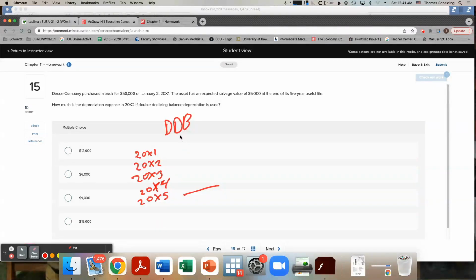What we know is that if we take this all the way to the end, we should have 45,000 of depreciation because we need to have a salvage value of 5,000. So double declining balance, that would be the cost of the asset times 2.